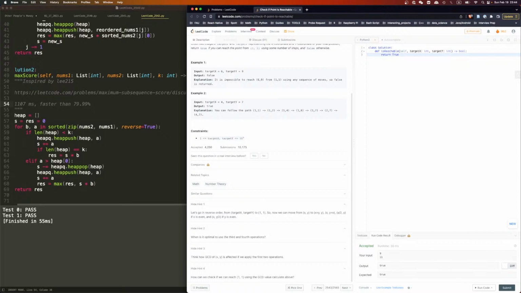How do I prove that given 2 odd values that are co-prime, we can always get back down to 1 and 1? I don't know.